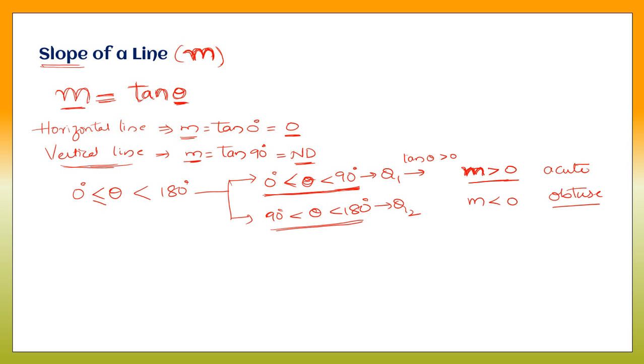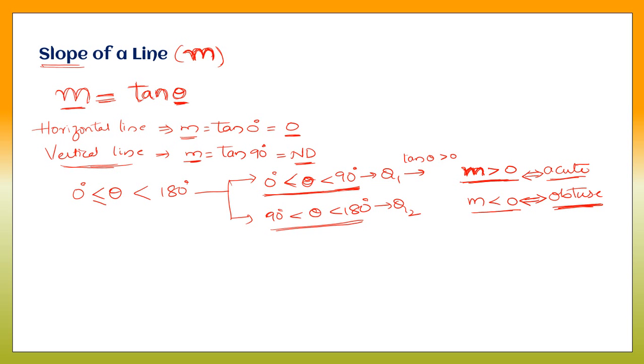So if the angle is obtuse, the slope will be less than 0. If the angle is acute, the slope will be greater than 0. So if and only if the inclination is acute, the slope will be positive. If the inclination is obtuse, then m is less than 0.